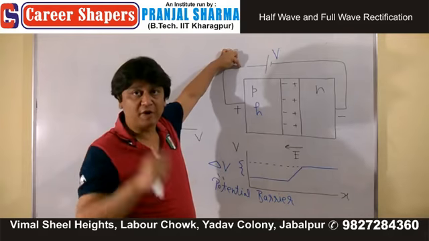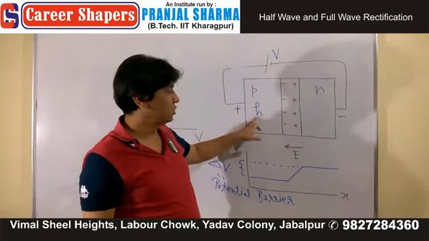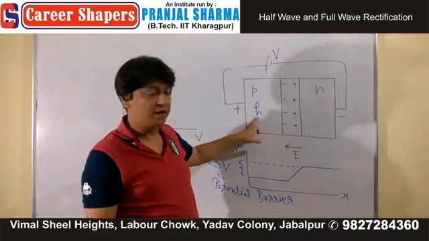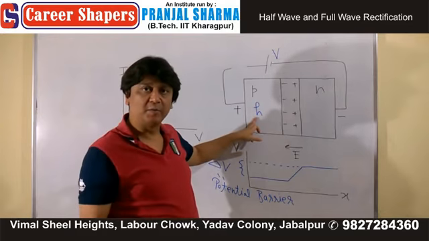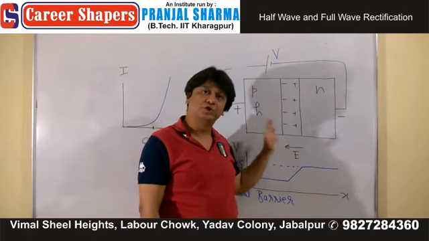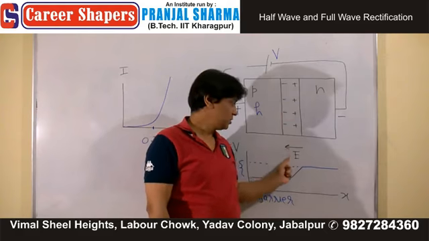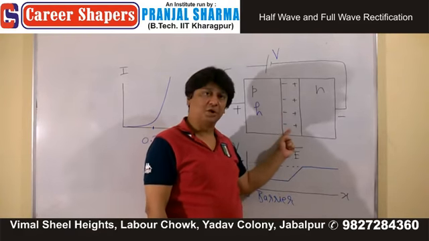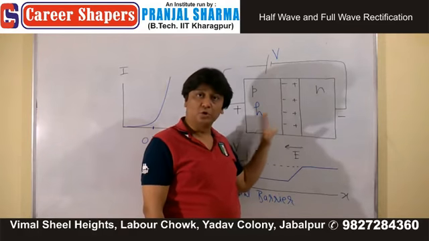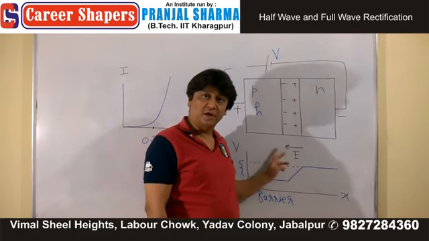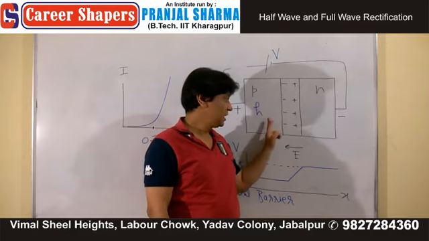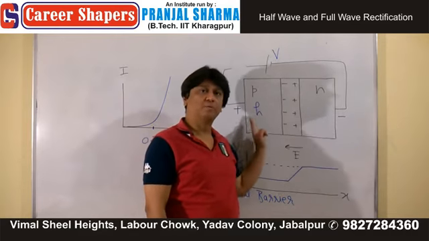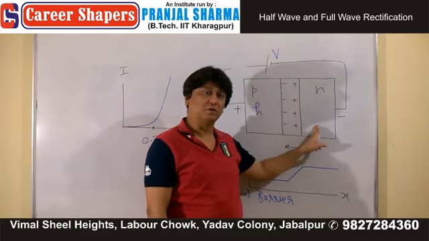Remember, there is no battery connected. Only those holes which are highly energetic. Highly energetic means those holes which can overcome this electric field produced in the depletion layer. Only those holes which can take care of this electric field can move from P region to N region.